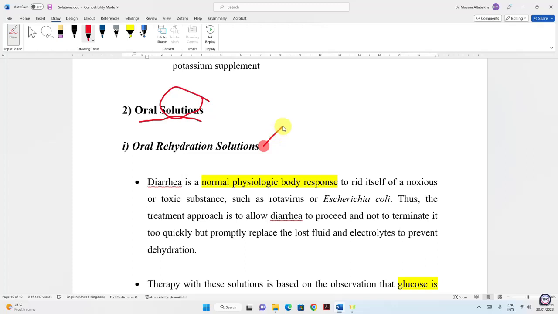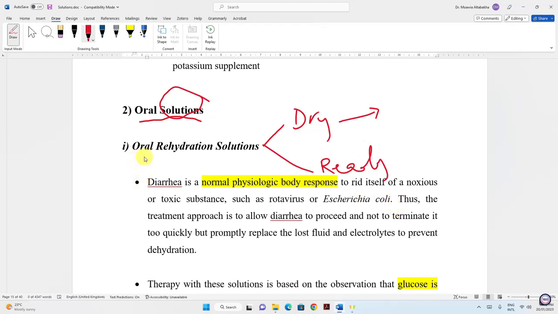Here it can be in the form of a dry mixture or ready. So it can be both actually. The reason for the dry is for the product to not occupy large space in the pharmacy, but you can also find it as ready to use solutions.